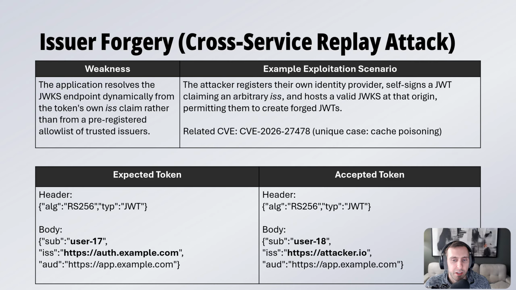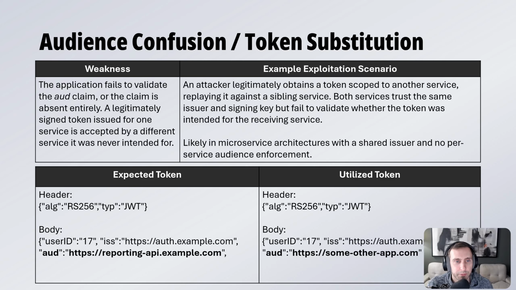And the other token that is accepted, maybe it's able to reuse the key material of the service that the original issuer uses. There are many ways in which this can work in practice, but in this case, you have an issuer that is basically one that you've forged, right? And so you're using a different service that you've set up or registered in order to sign those tokens and gain access to the application, which trusts it.